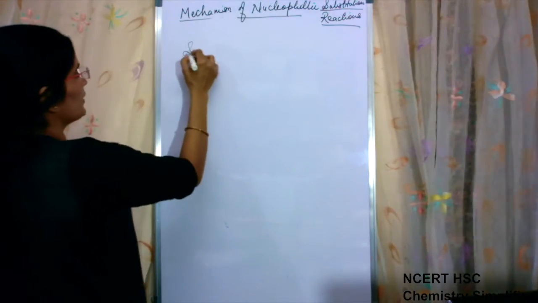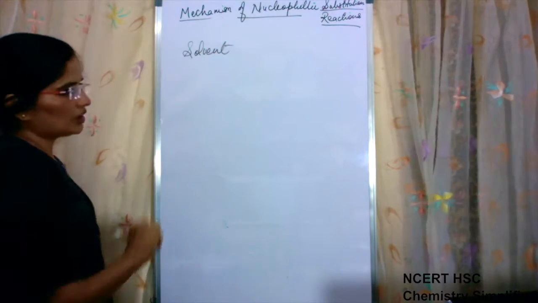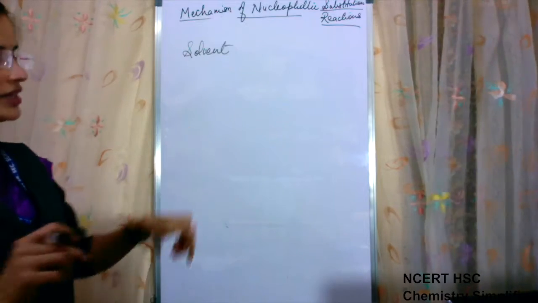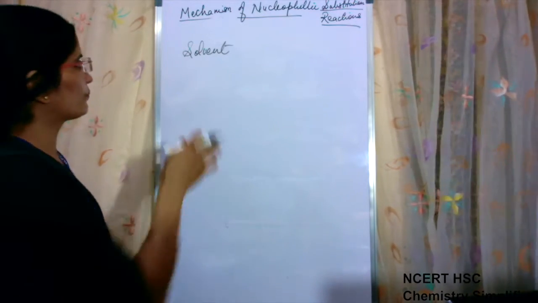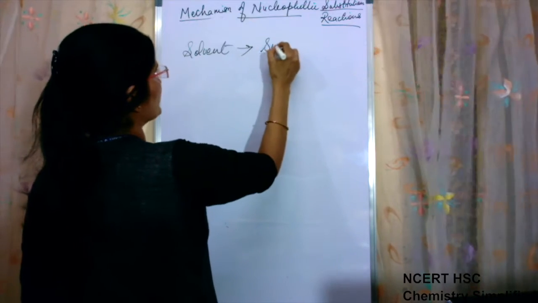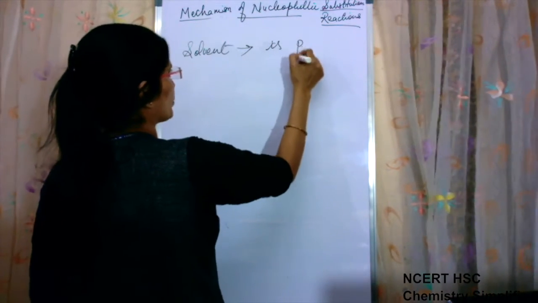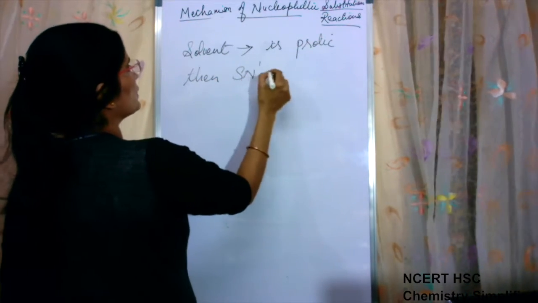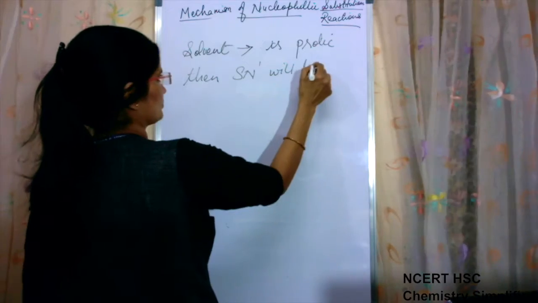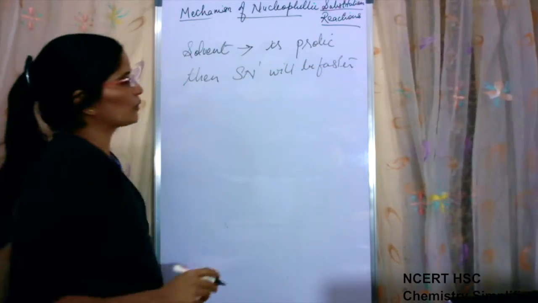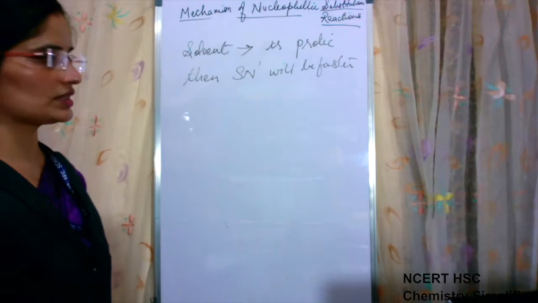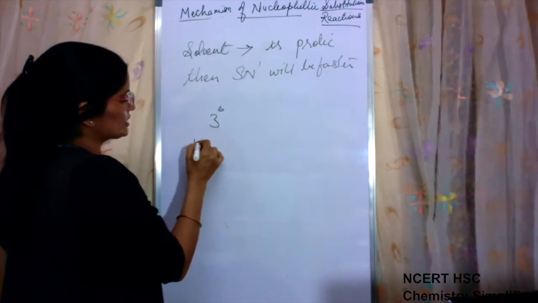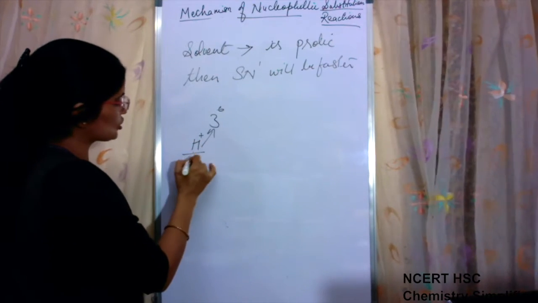In terms of solvent, in case of SN2, I told that if the solvent is a protic solvent, then the reaction will be slow. Opposite to it, if the solvent is protic, then SN1 will be faster. Why? Because a protic solvent, which gives H positive ions, will stabilize the carbocations because of the H positive present in the solvent.